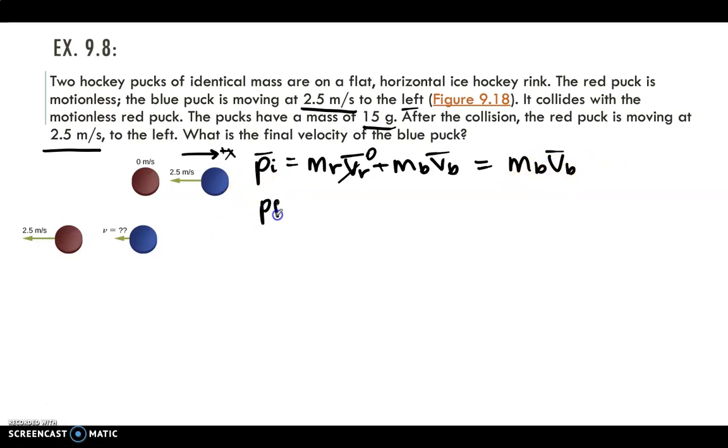Now let's look at the final. Final, we have the same thing. We have some MR, VR, okay, plus MB, VB, and we'll say like comma F, okay, for final.